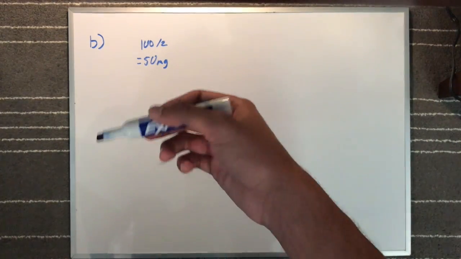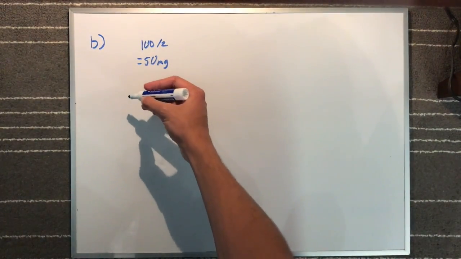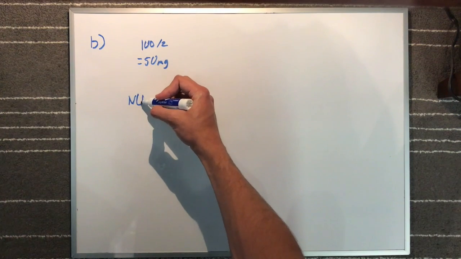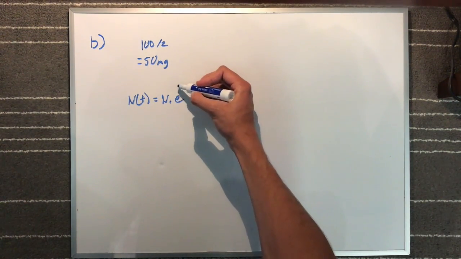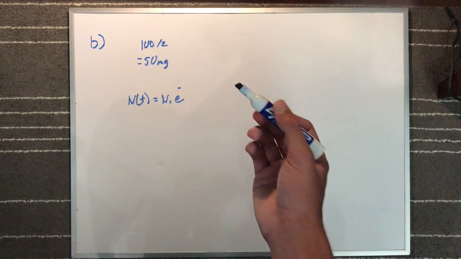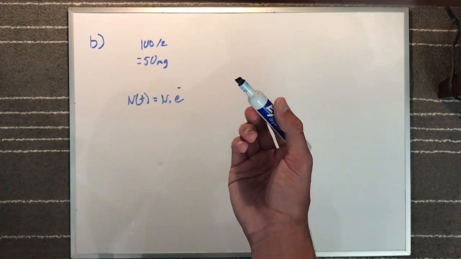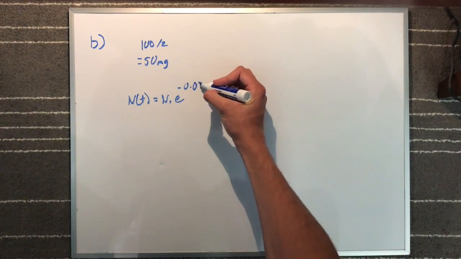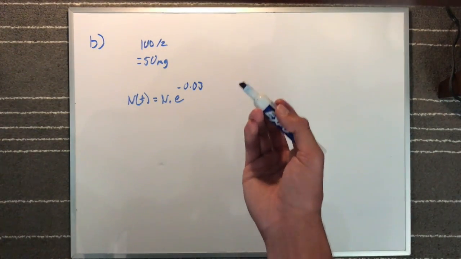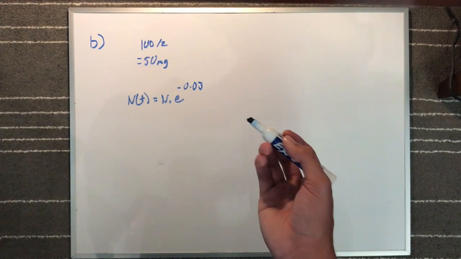Now we're going to plug this back into the equation that we were given before, which is NT equals the original value of N times e to the power of negative the disintegration coefficient, which we solved for in the last question. It's 0.03, I'm just rounding it to make it easier, but it was 0.0314.